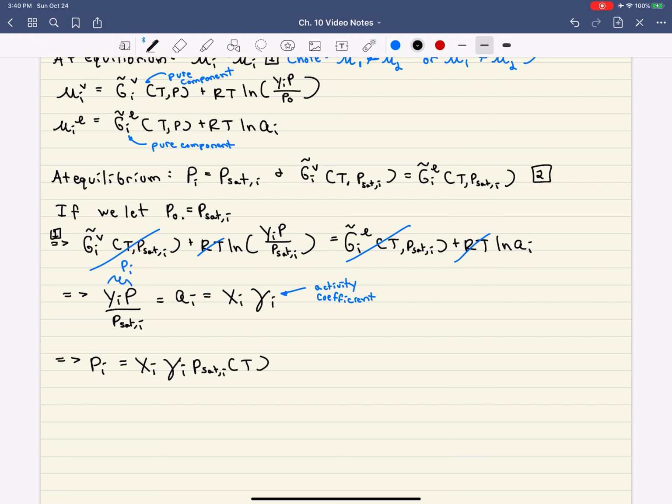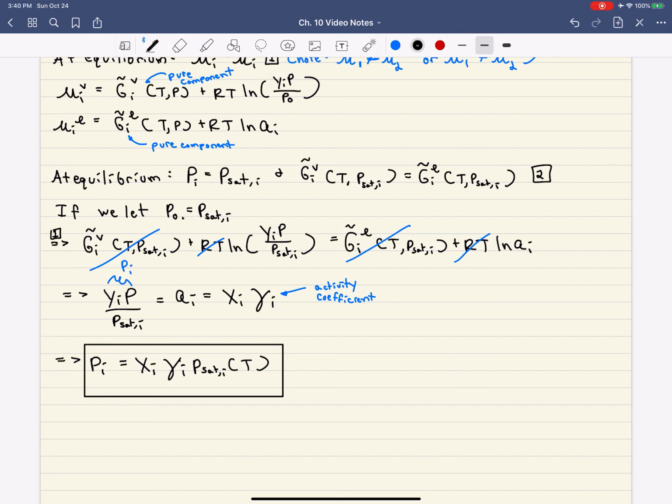Okay. And so this equation may look familiar, though we're going to have to make one more assumption in order to get it to the most familiar form. In any case, this is a very useful equation because it relates the partial pressure of the species in the vapor phase to its composition in the liquid phase. Okay?